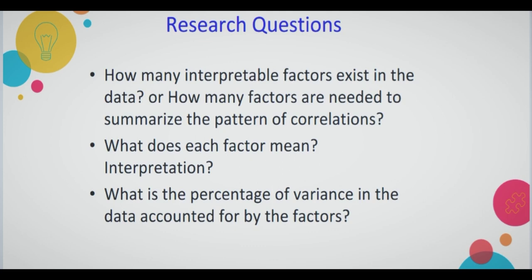So here you look at how many factors are needed to summarize the variables or correlation. What does each factor mean? And then you can interpret the factor meaning. You can also use factor analysis for that.